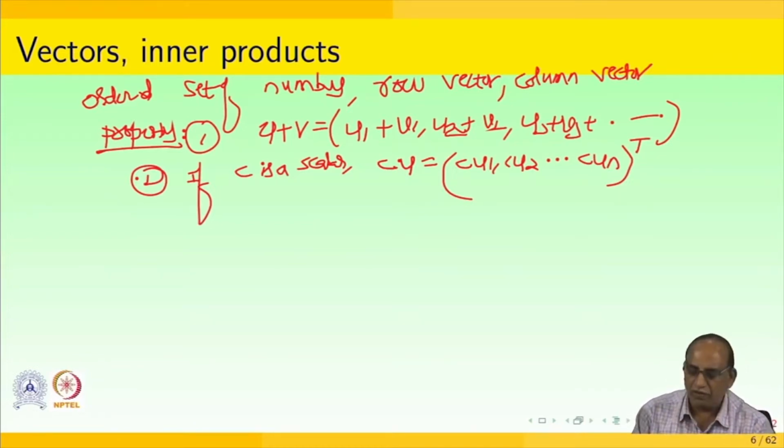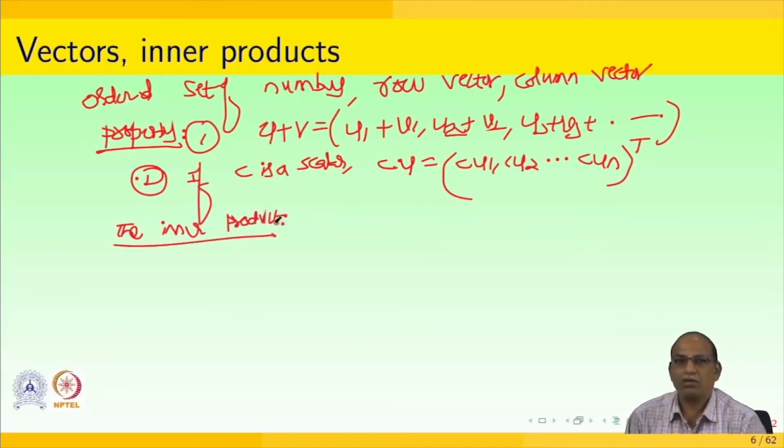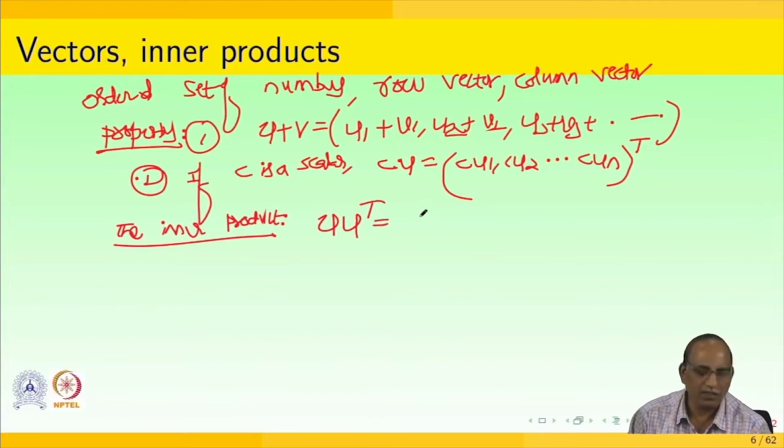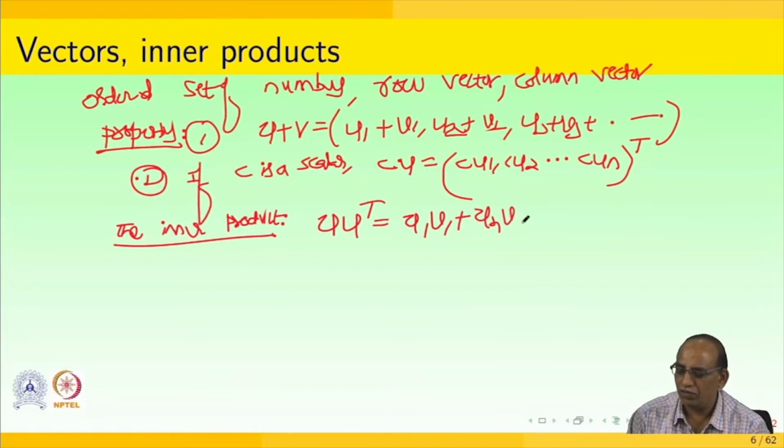Then you know very well the inner product. The inner product of u and v is u transpose v, which we write as u1 v1 plus u2 v2 plus etc. up to un vn.